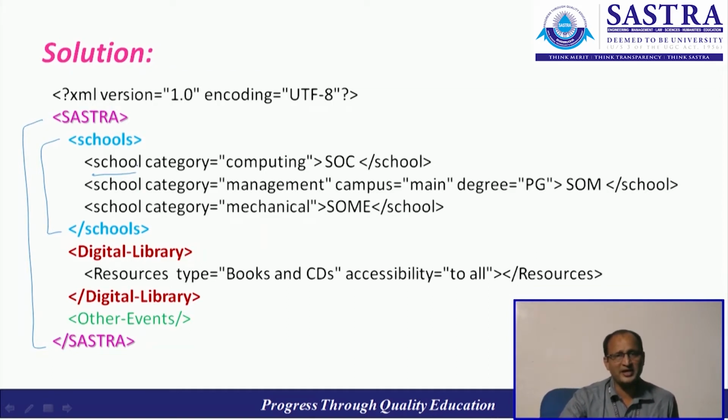So, while making the XML schema or DTD representation for our XML document, we have to keep in mind that the school element should be repeated more than once. We have a provision for making this kind of representation.